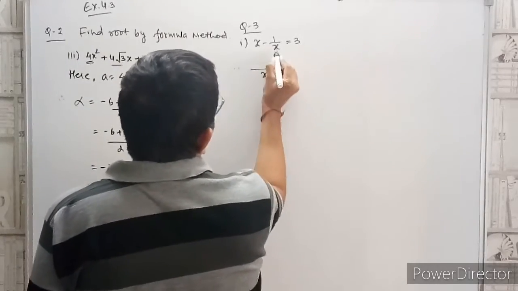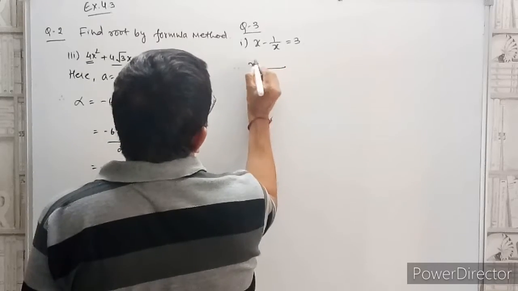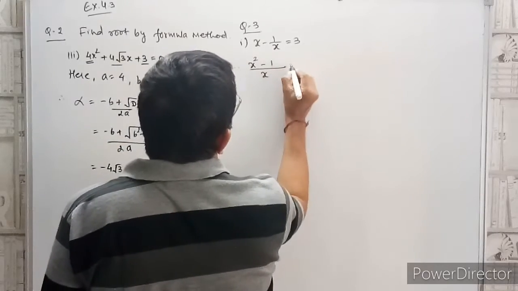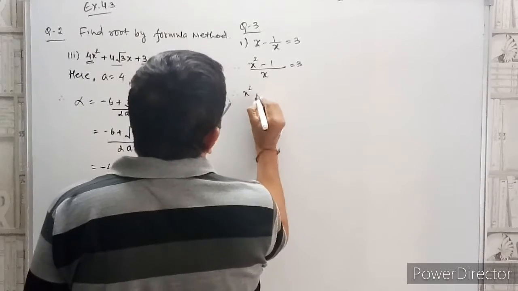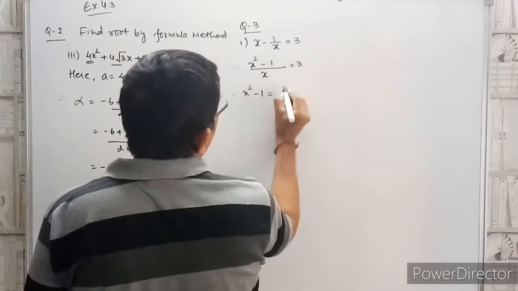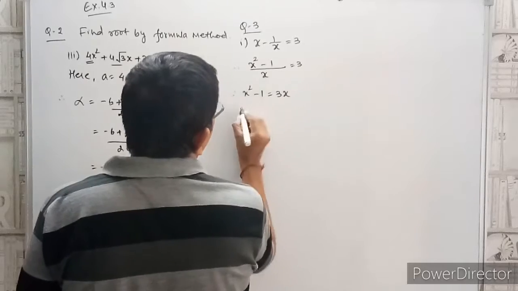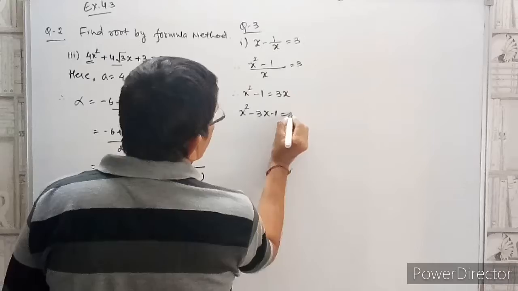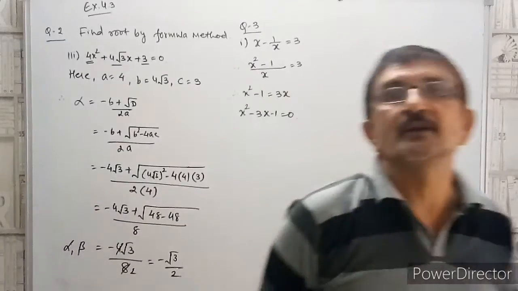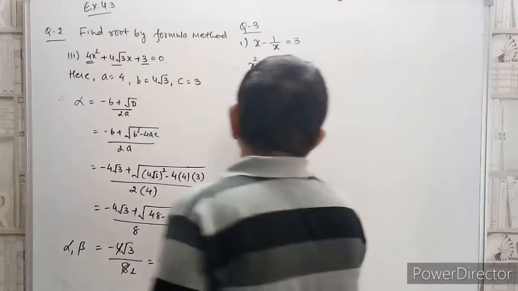So first take LCM. So it is x square minus 1 is equal to 3. So this is x square minus 1 and x will multiply over here. So it is 3x. So x square minus 3x minus 1 is equal to 0. This is your equation.